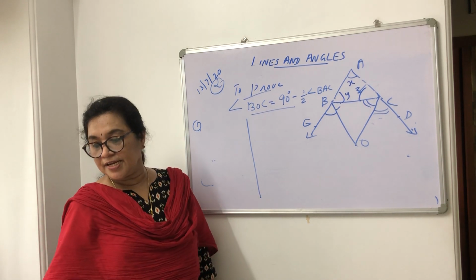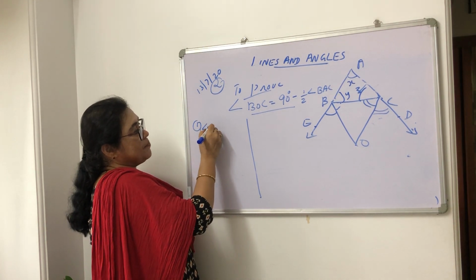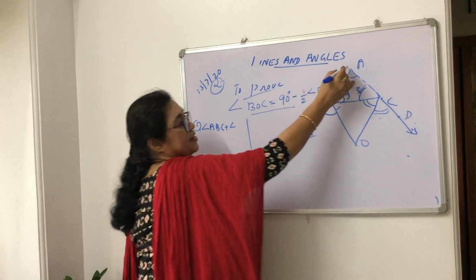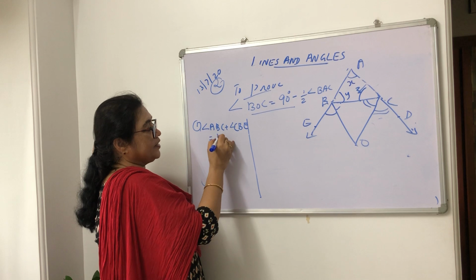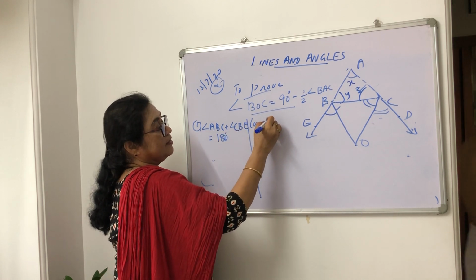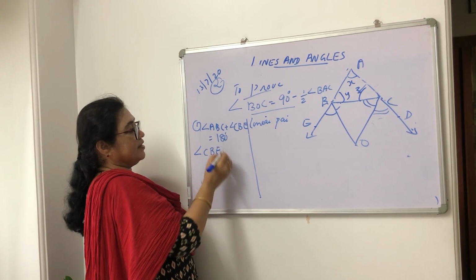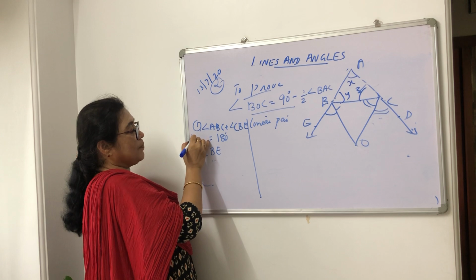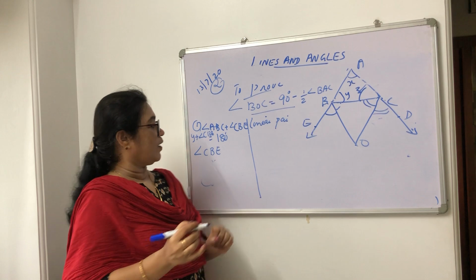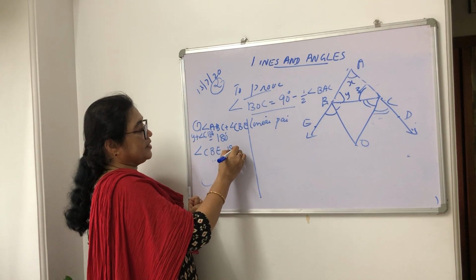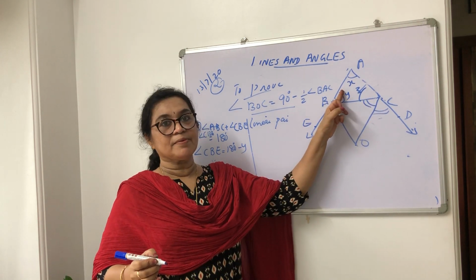It's a linear pair. Therefore angle CBE is 180 minus Y.